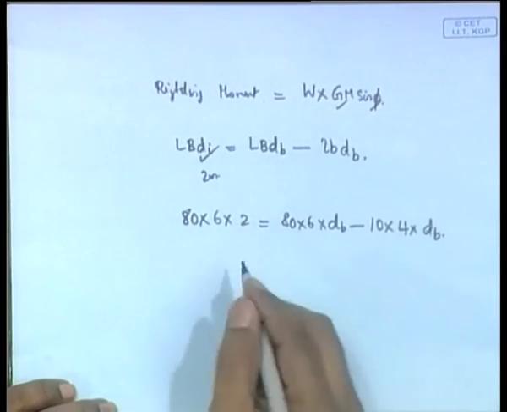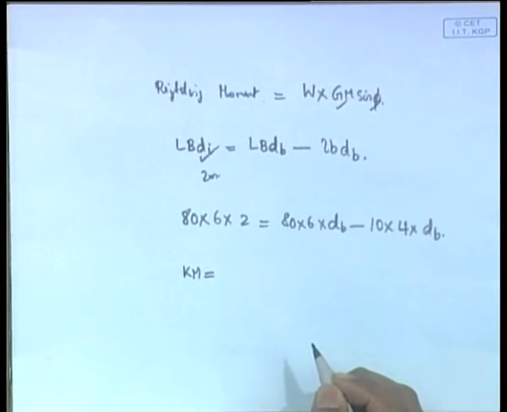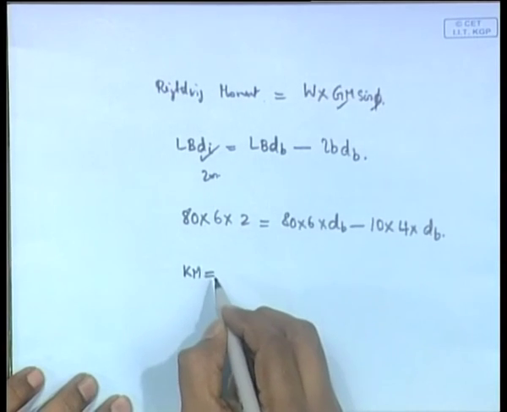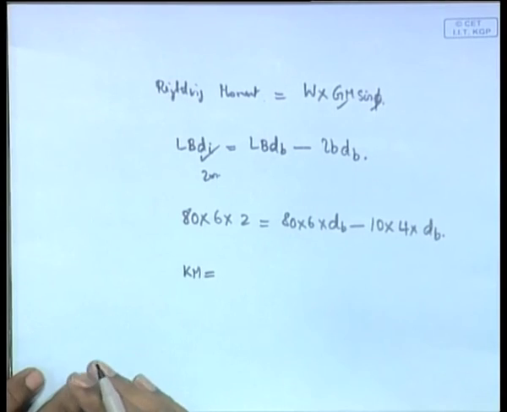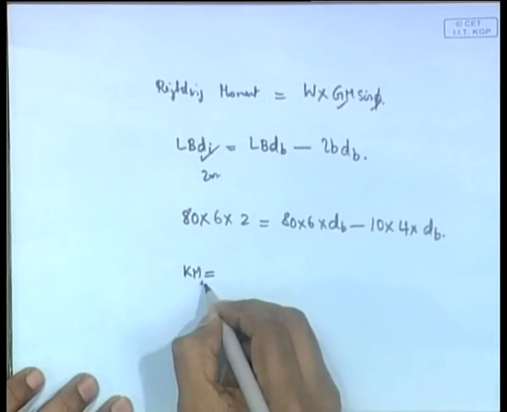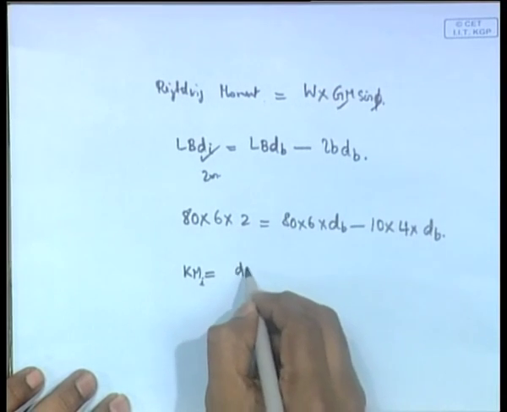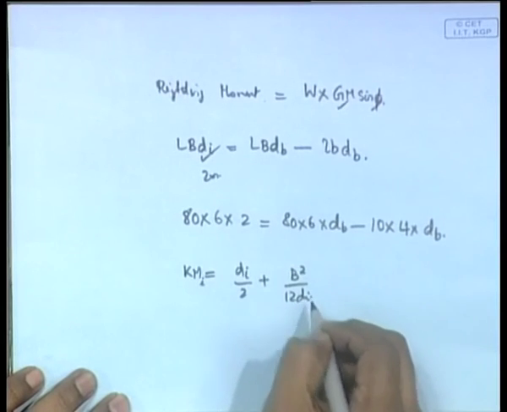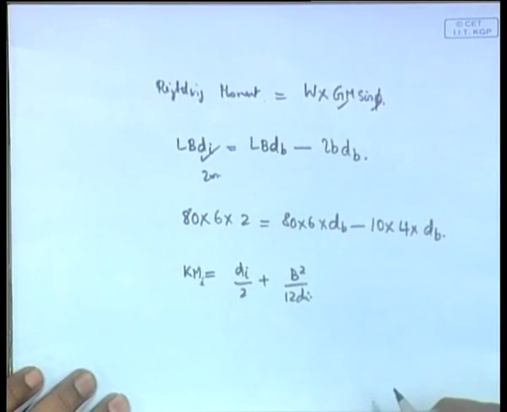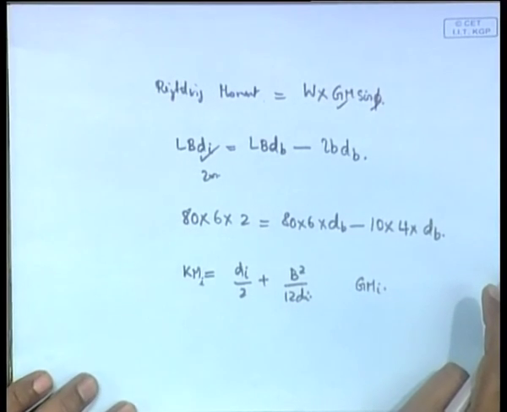Then the rest is actually all the same thing. There is KM, which you can calculate in both cases, in the intact condition and in the bilged condition. KM in the intact condition is d i by 2 plus B squared by 12 d i. This will give you KM in the initial intact condition, and you can then calculate GM i, which is your GM in the intact condition.